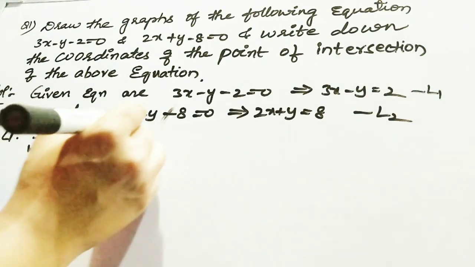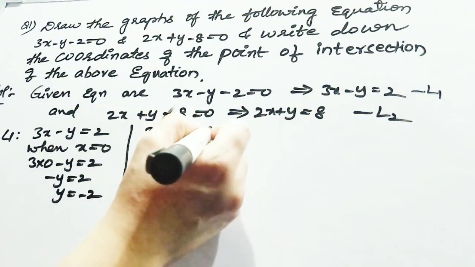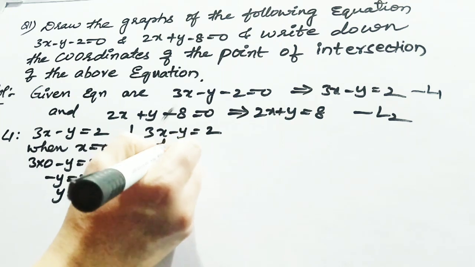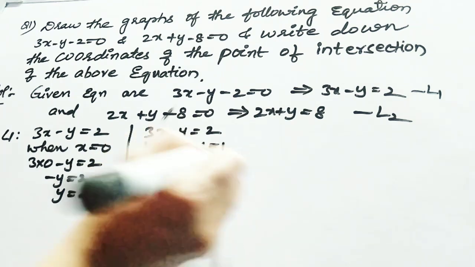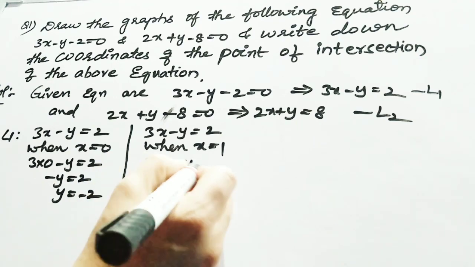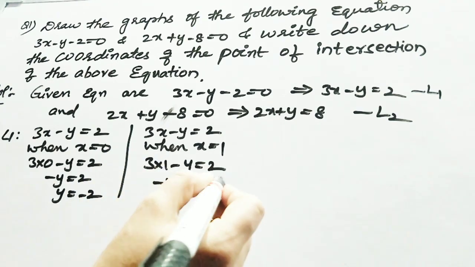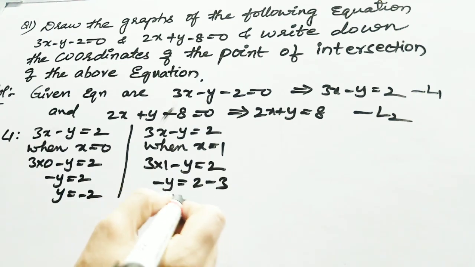Next, 3x minus y is equal to 2 when x is equal to 1. 3 into 1 minus y equal to 2, so minus y equal to 2 minus 3, minus y equal to minus 1, which means y is equal to 1.